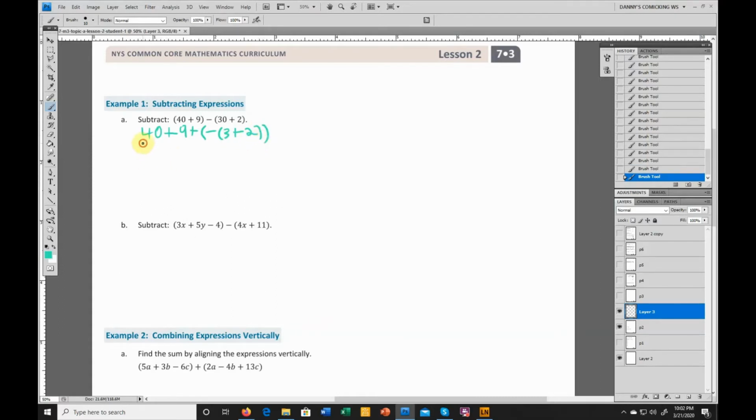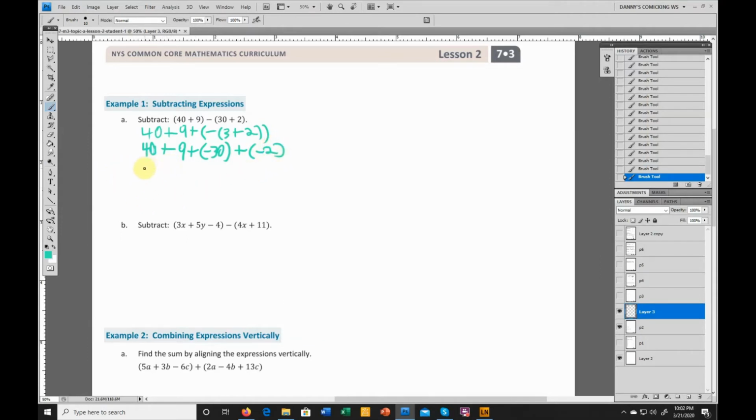The way that works out is it becomes 40 plus 9 plus minus 30 in parentheses plus, again in parentheses, minus 2.